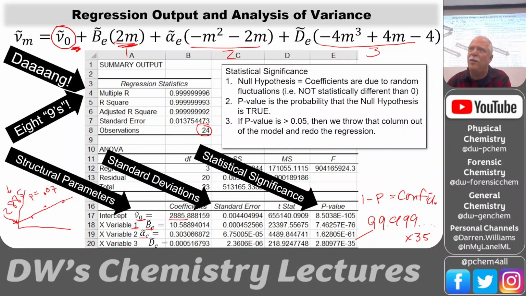Now, how could a number that big be not statistically significant? Well, a lot of times it depends upon how tall this y-axis is. If this value has a measurement of, say, 200,000, on the scale of 0 to 200,000, 2,000 is not very much.